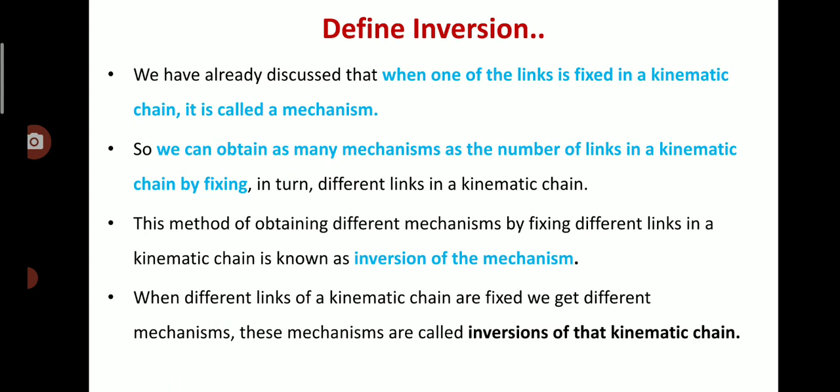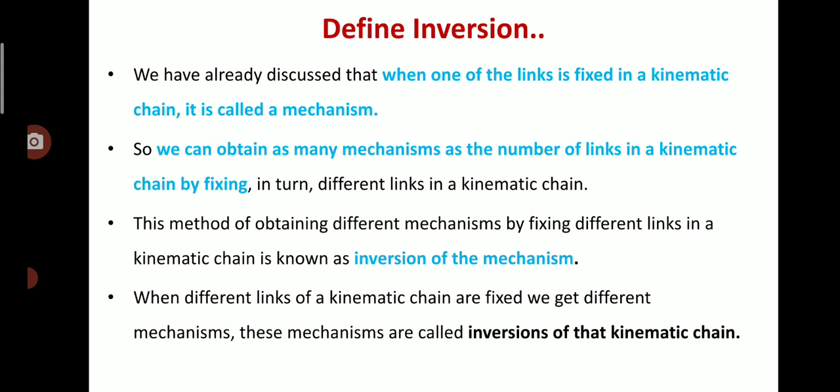After learning this, let us see an important point, which is called inversion. You will see that in this word inversion there is a word version. So what is meant by inversion? We have already discussed that when one of the links is fixed in a kinematic chain, it is called a mechanism. So in case of a mechanism, one of the links is fixed.